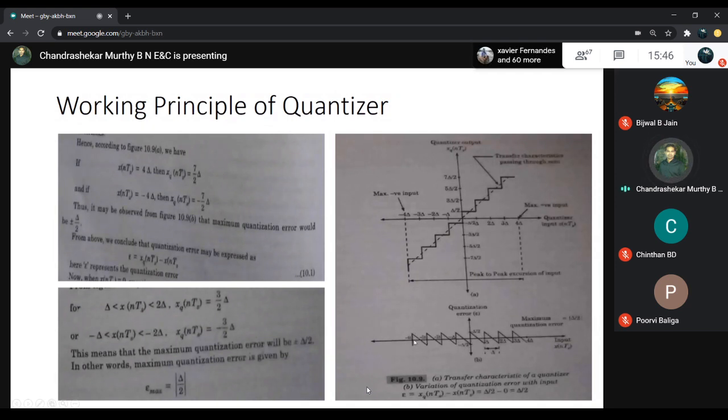The same applies from here to here. The maximum error that occurs is delta by 2 here. That will be represented in the equation: this is the output S_Q of nT_s and this is the input X of nT_s. That is why delta by 2 with respect to 0, and delta by 2 again.